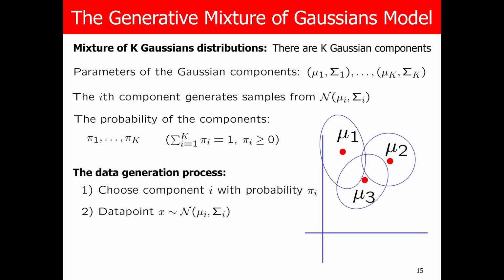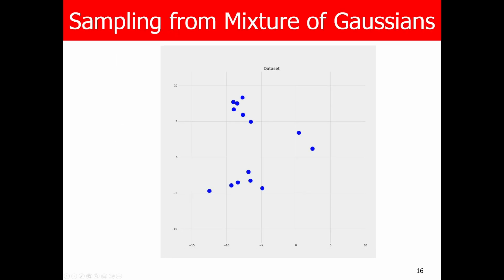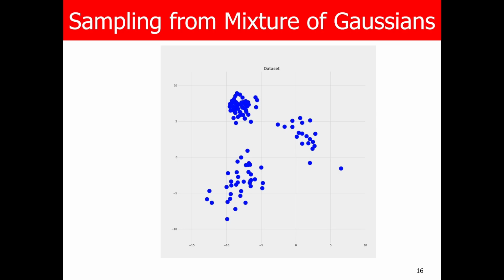This is how we can generate one random sample point from the mixture of Gaussians model. If we need, say, 100 points, then we just repeat this process 100 times. Here is a short video about this data generation process. We generate random samples from a mixture of 3 Gaussians.